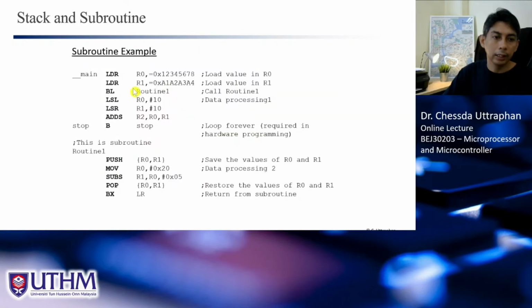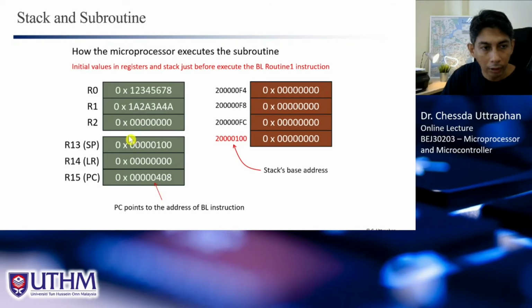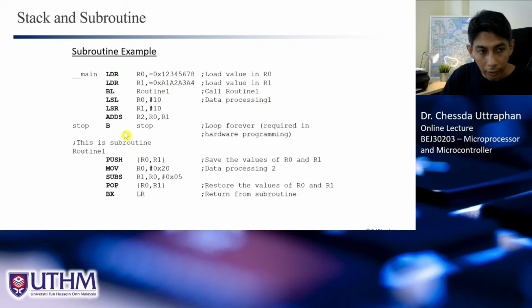Okay, let's see how these two work together in order to execute the subroutine. All right. So the function of LR, the link register, is actually to store the return address of the subroutine.